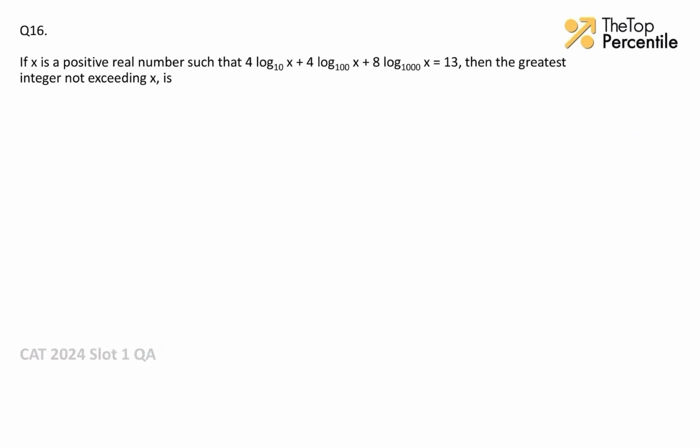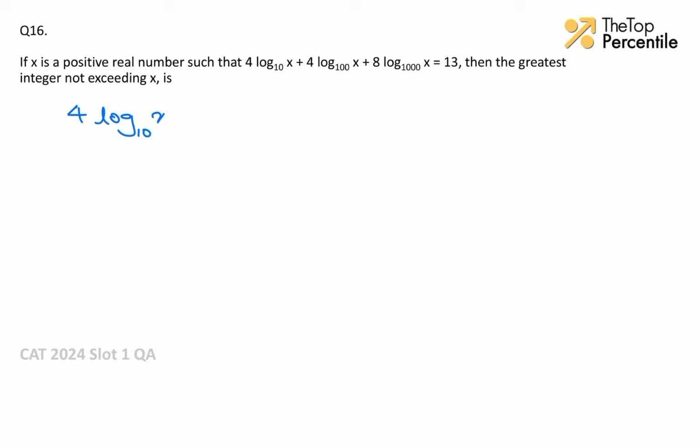Let's look at the next question. If x is a positive real number such that 4 log to the base 10x plus 4 log to the base 100x plus 8 log to the base 1000x is equal to 13, then the greatest integer not exceeding x is what? Okay, so let's simplify this.